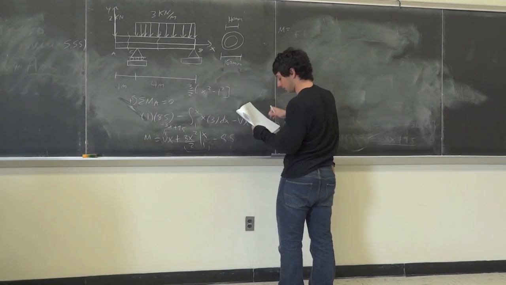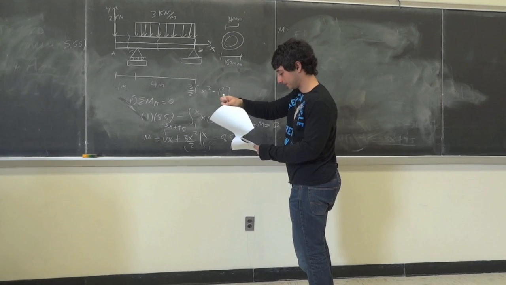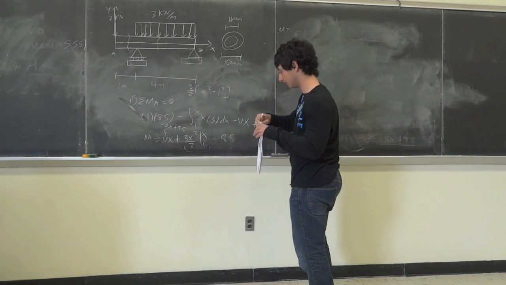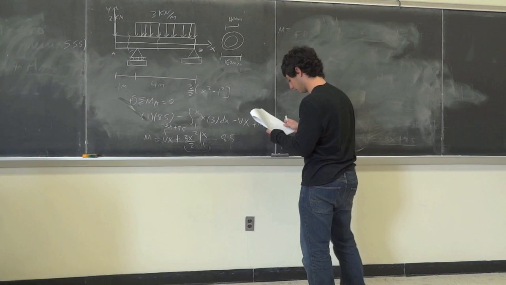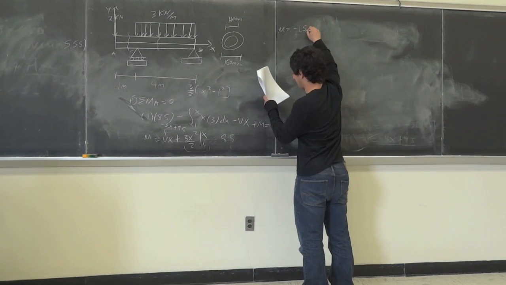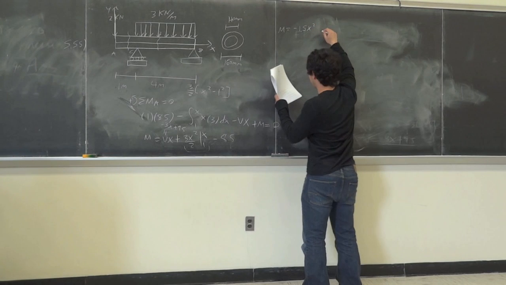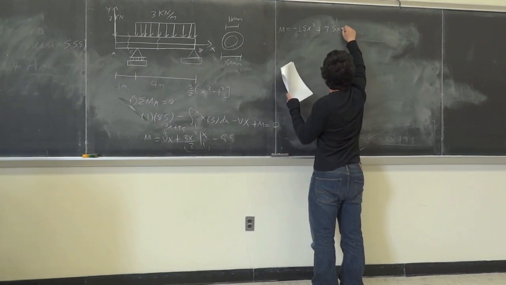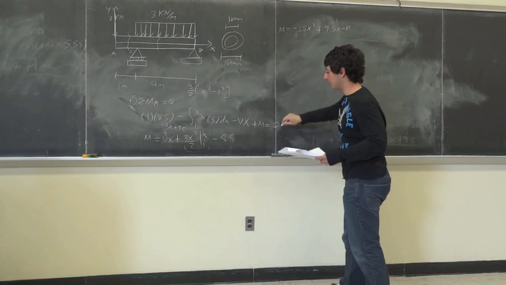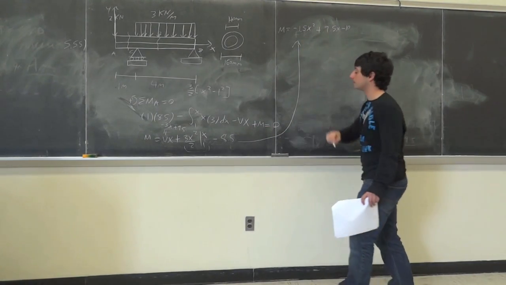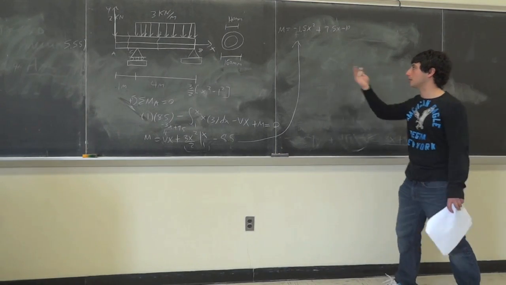M is equal to minus 1.5 x squared, after you simplify everything, plus 9.5 x minus 10. So this is equal to this. So we know it's quadratic, right?